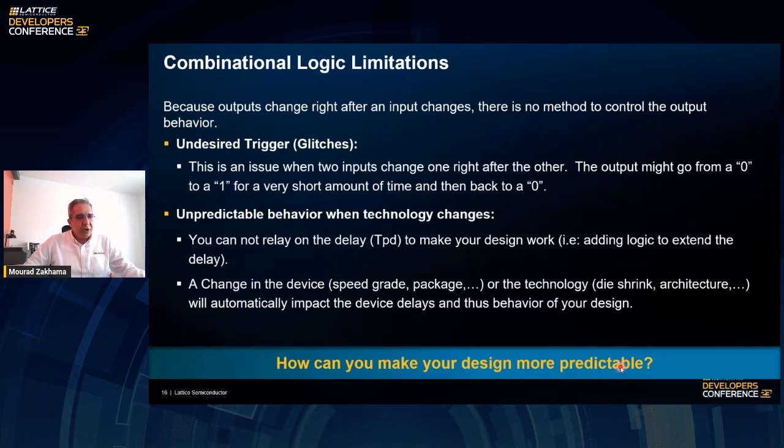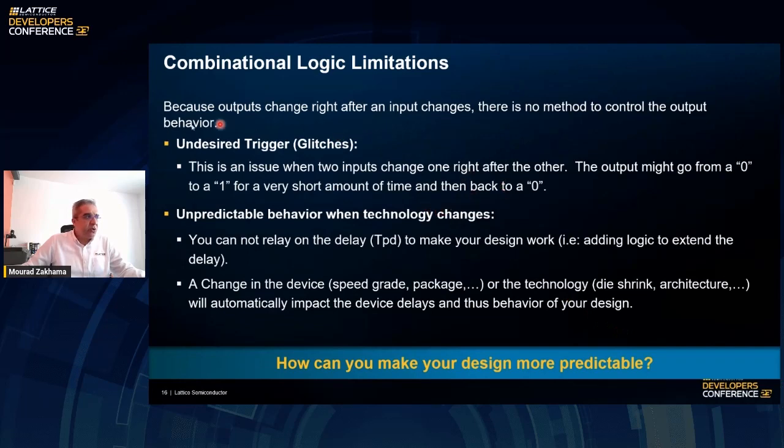So combinatorial logic is needed in any design. It's required. That's how you build all your logic, but it has limitations. We cannot rely on combinatorial logic to have a predictable design. Why? Because first, the delay is not predictable. For each technology, that delay may be different. You're going to see in the FPGA that having the combinatorial logic implemented in the device could have different delays, depending on how it is implemented.